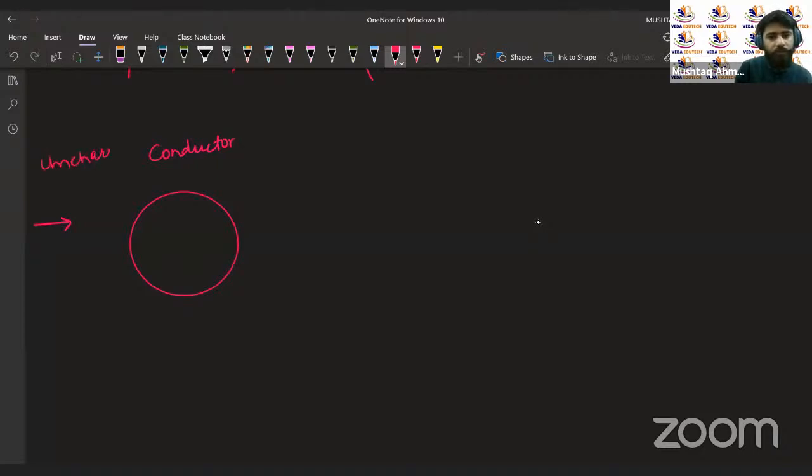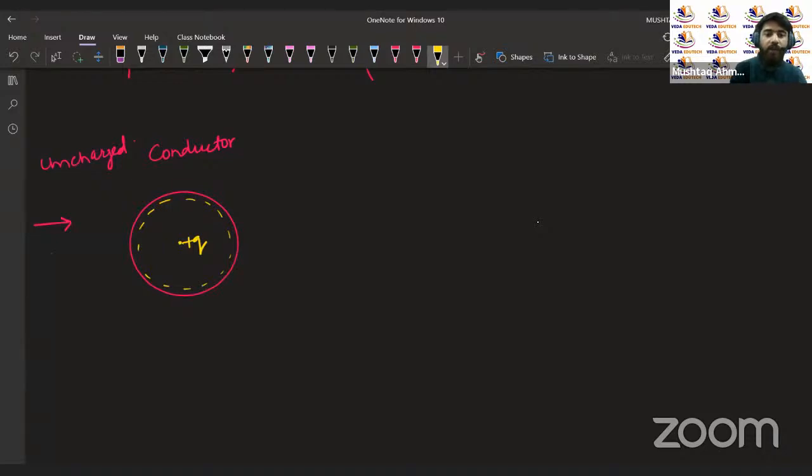And inside this conductor, we are placing a charge of plus Q. If you place a charge plus Q inside this conductor, what is going to happen? This plus Q charge will induce a negative charge on the inside surface of this conductor.